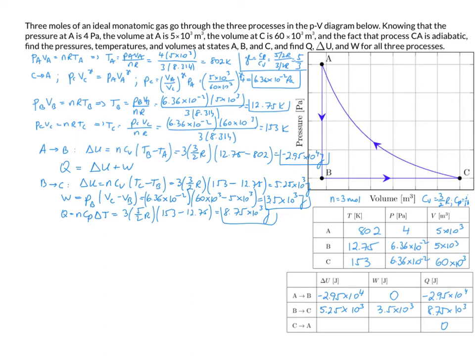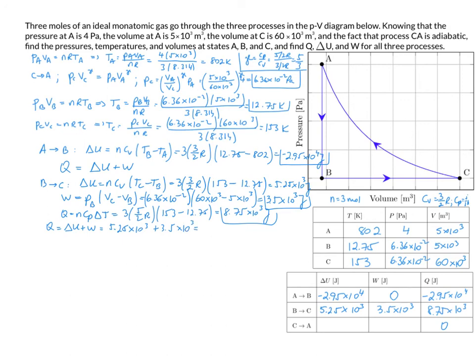Now, I could have used the first law of thermodynamics to solve for this. So Q is also delta U plus W. And I'm just doing this to check that my calculations are correct. So delta U was 5.25 times 10 to the third, and W was 3.5 times 10 to the third.